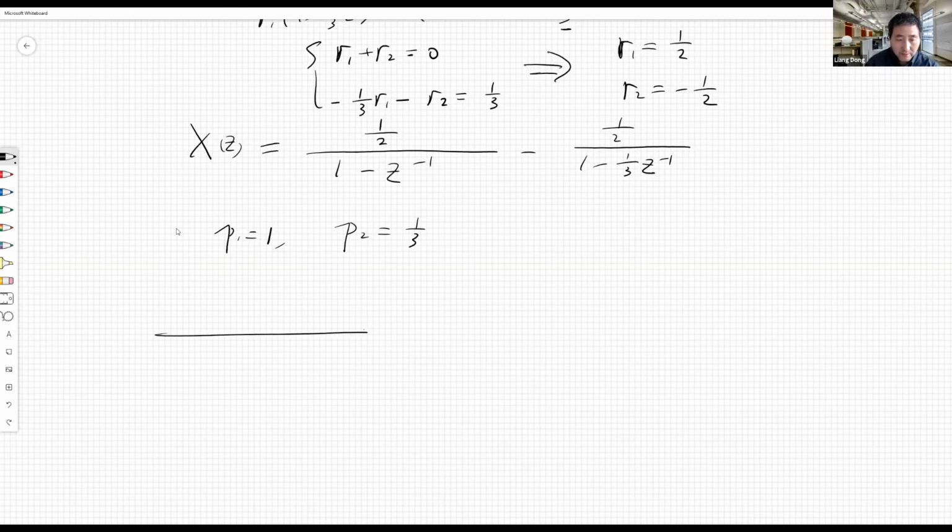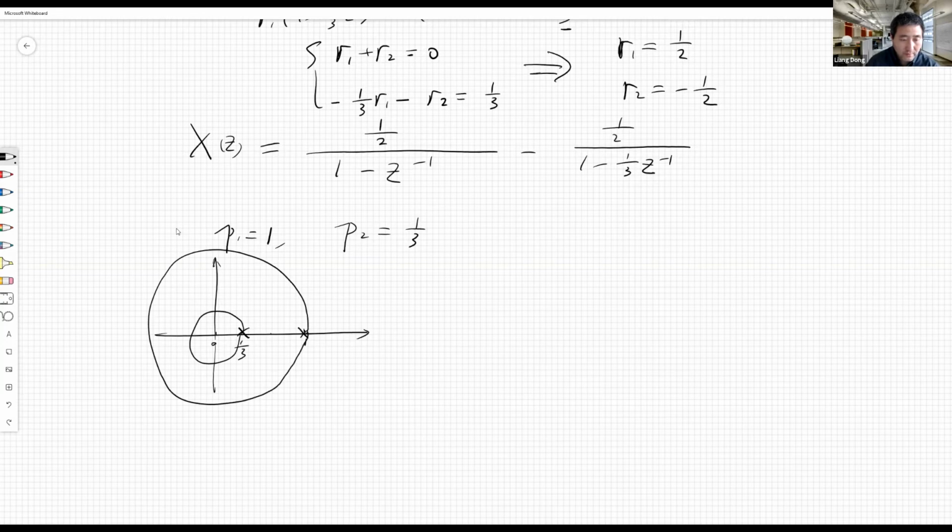Similarly, as we had before, we got a 1 over 3 here and a 1 here, so I got a pole here and a pole here. We need to discuss this situation. This is the complex Z-plane. I have those two poles, it's not symmetric, but this is negative 1 here.